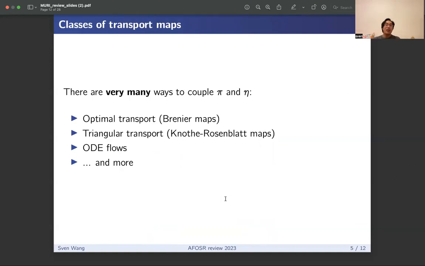Okay, now as you probably all know, there are many ways to couple probability densities. Famously, there's optimal transport, which has attracted a lot of attention in the math literature and recently also in machine learning. These maps are called Brenier maps. Another very natural type of coupling between probability densities are triangular maps, and these are the ones that I will focus on.